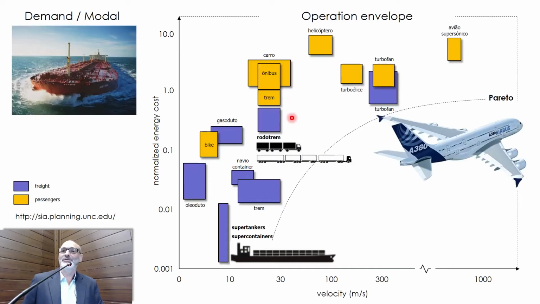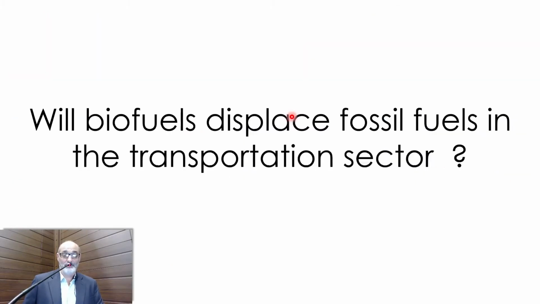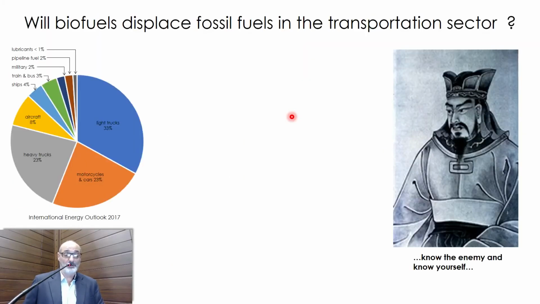I hope to have characterized the transportation sector with this slide. So will it displace fossil fuels? I don't know. Let's look at the application in terms of division. You have motorcycles and cars. This is fuel for auto cycle, internal combustion engines.